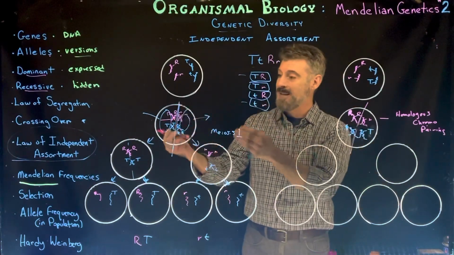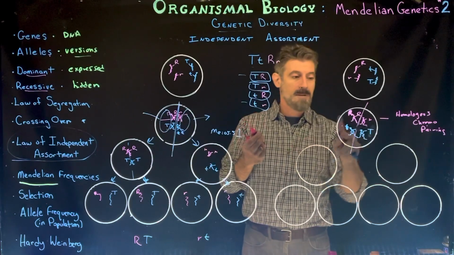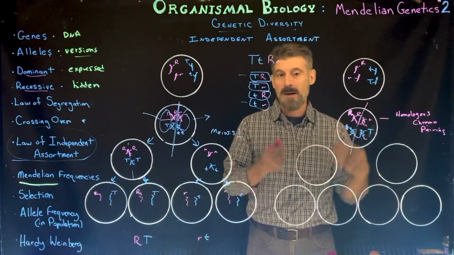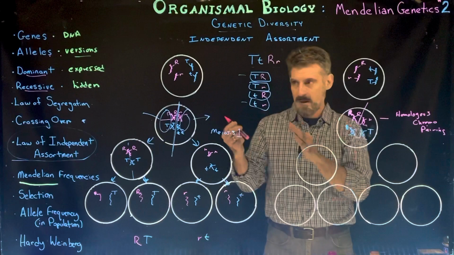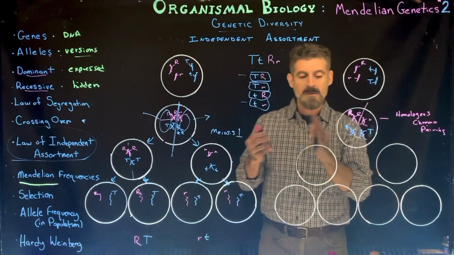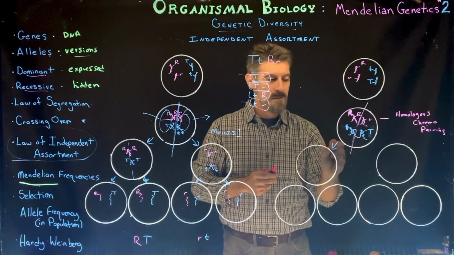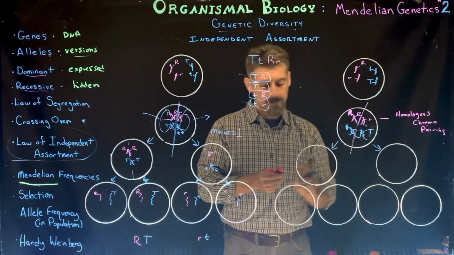That's what we're talking about with independent assortment. The two different chromosomes are independent from one another. We're going to talk about genes on a chromosome next, but we're simplifying it this way first.